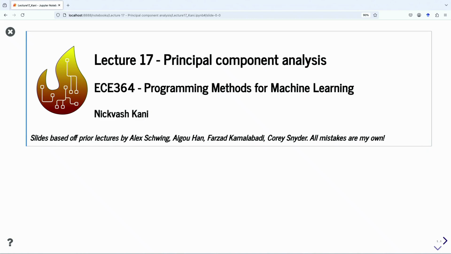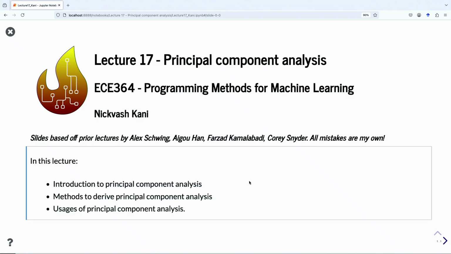So now we're going to talk a little bit about unsupervised machine learning techniques and the techniques that we need to implement them. First things first, we are going to start off by discussing principal component analysis. We'll introduce it, methods to derive the principal components, and the usages of principal component analysis. And that will be that for today.